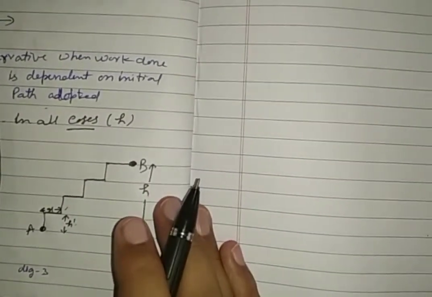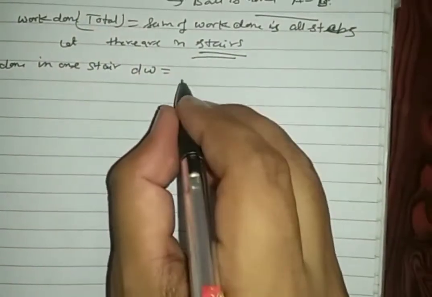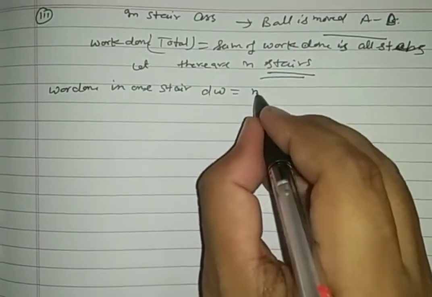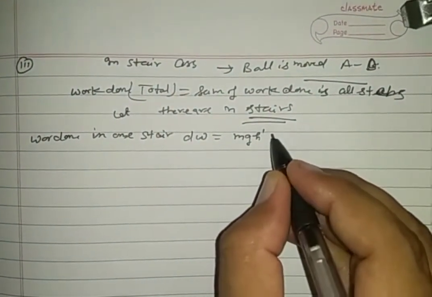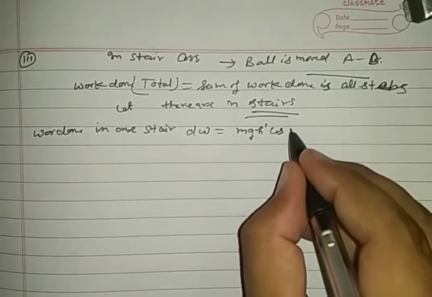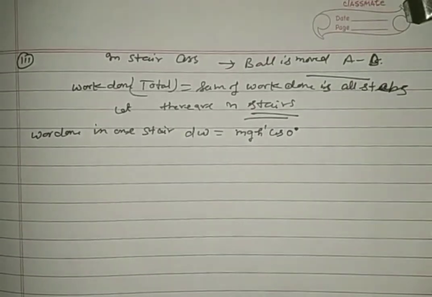So see here carefully, the work done in this case, dW is equal to mg h dash cos 0 degree, because force is acting to move in the upward direction.